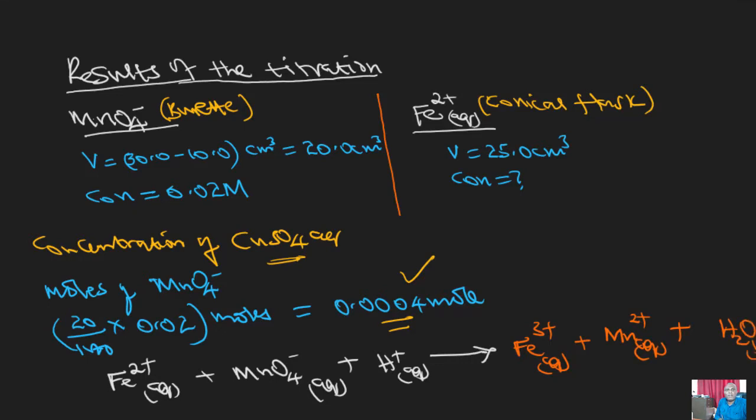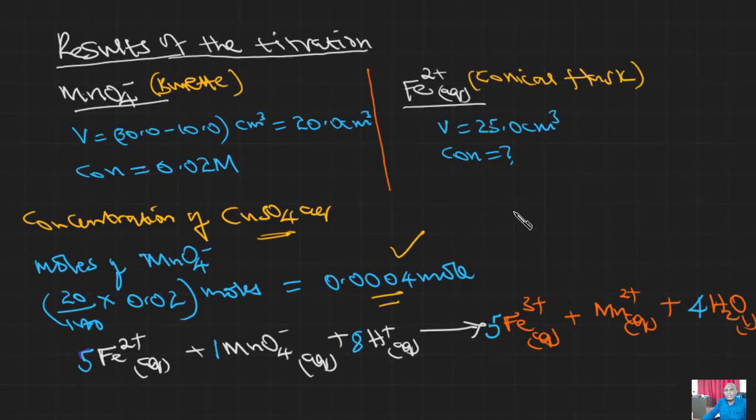So let us balance the equation. We have 5 at iron 2, we multiply 5 at iron 3 on the other side. Then the number of oxygen atoms is 4 on the left, so we multiply by 4 on the right, and hydrogen is 8, so we multiply hydrogen ions by 8 on the left-hand side.